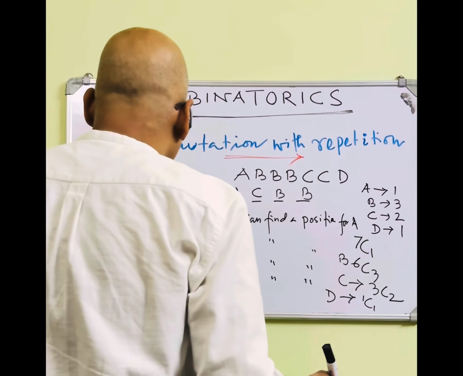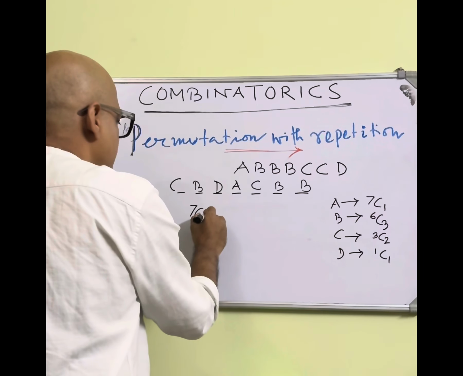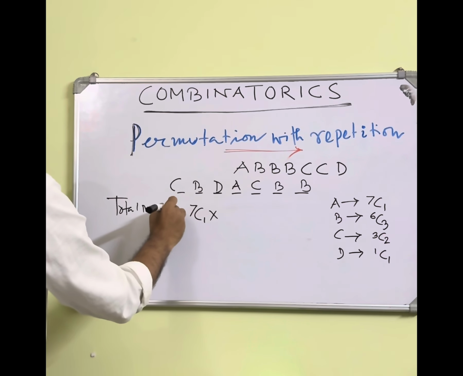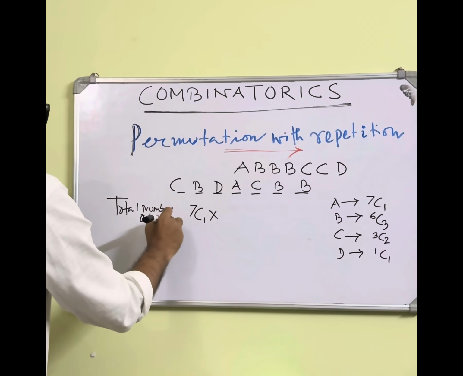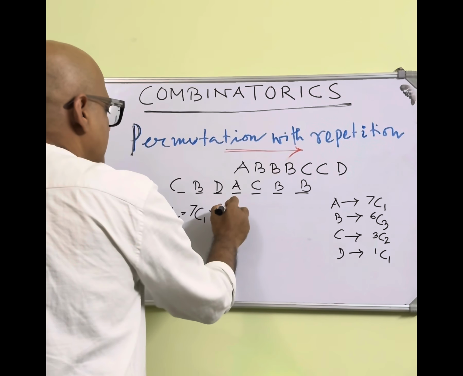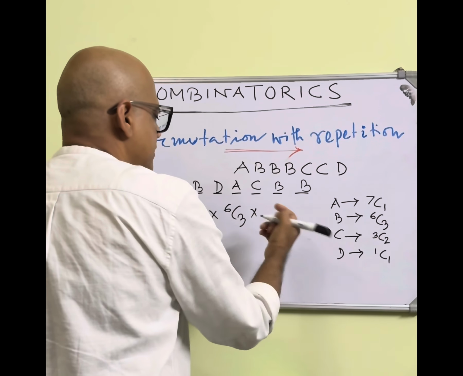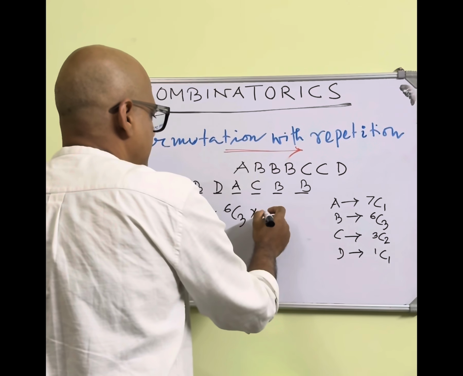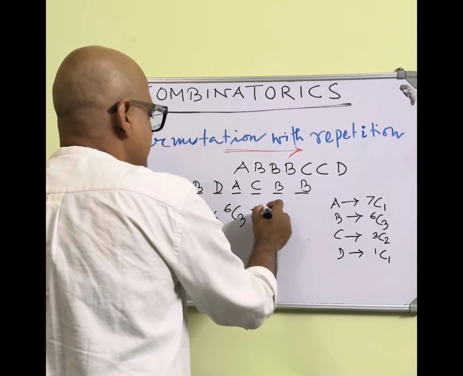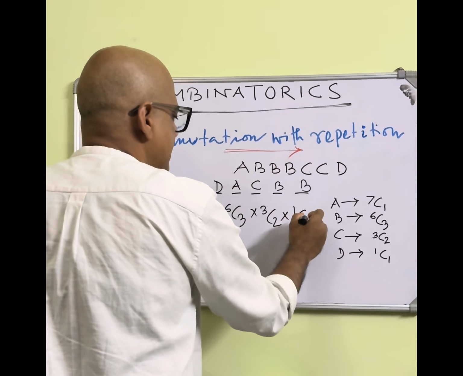So the total number of ways is 7C1 times 6C3, number of ways C can be placed 3C2, times number of ways D can be placed 1C1.